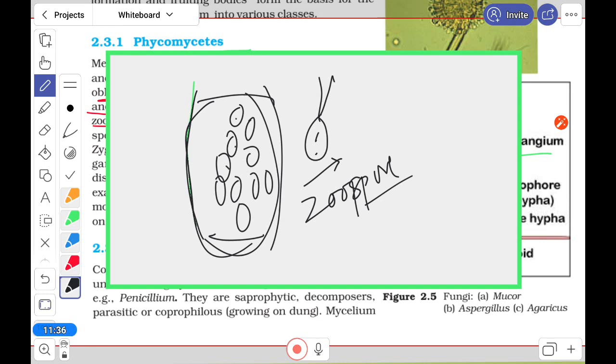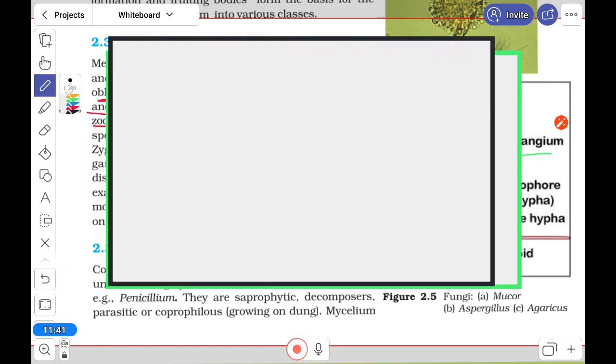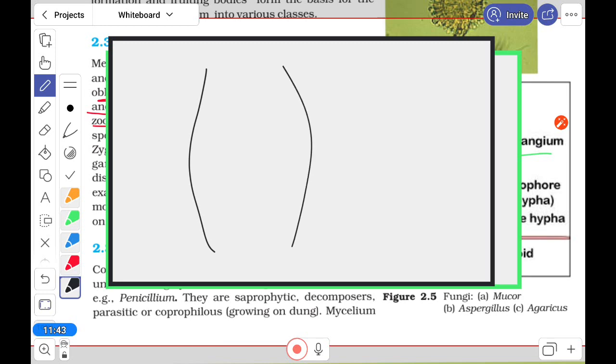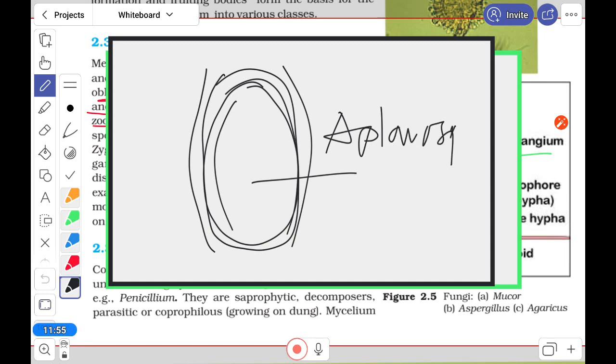But in some other cases, in one sporangium only a single spore forms, which is non-motile. It is called an aplanospore. So here is the difference. Zoospores are produced in many and have flagella, so they can move. Aplanospores are produced singly, but they are non-motile.